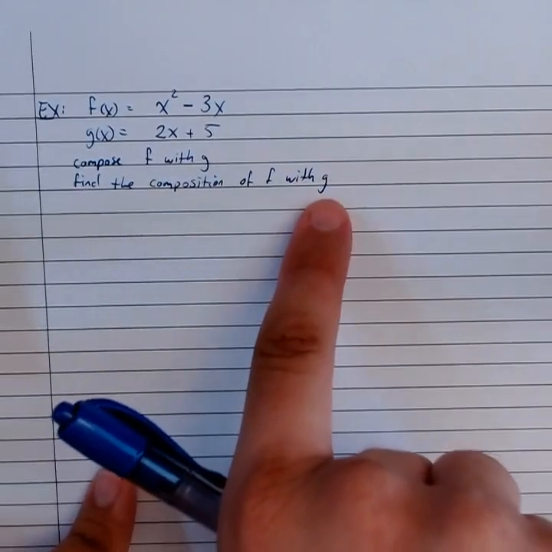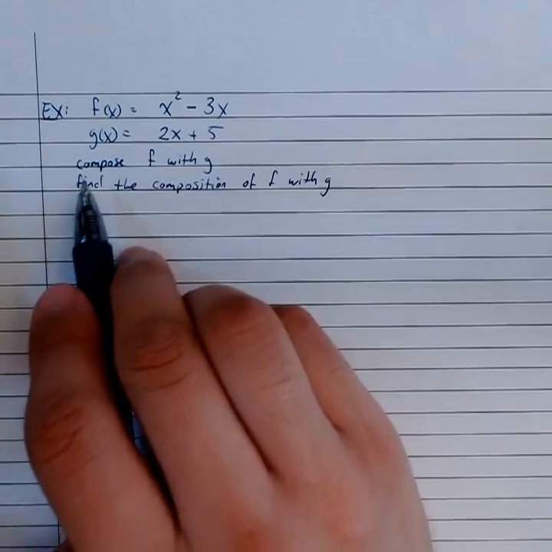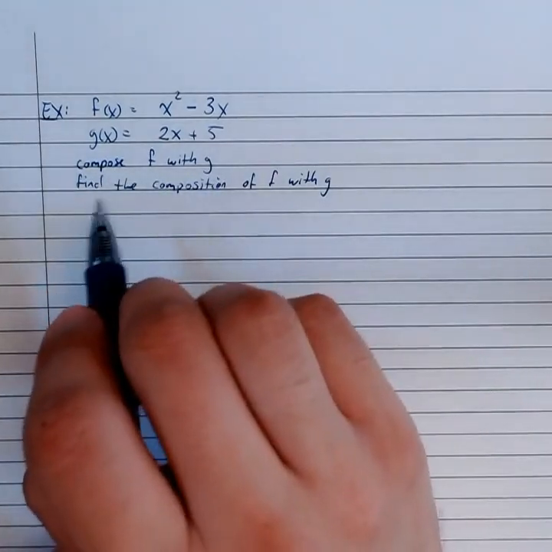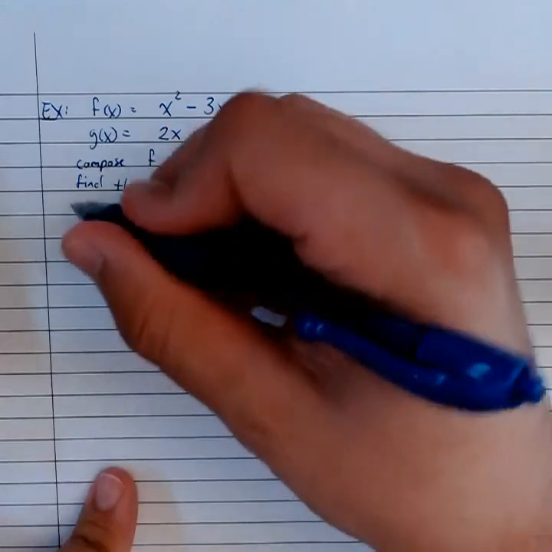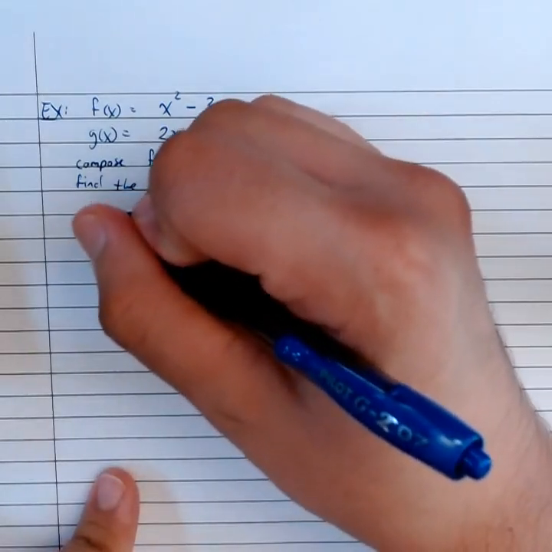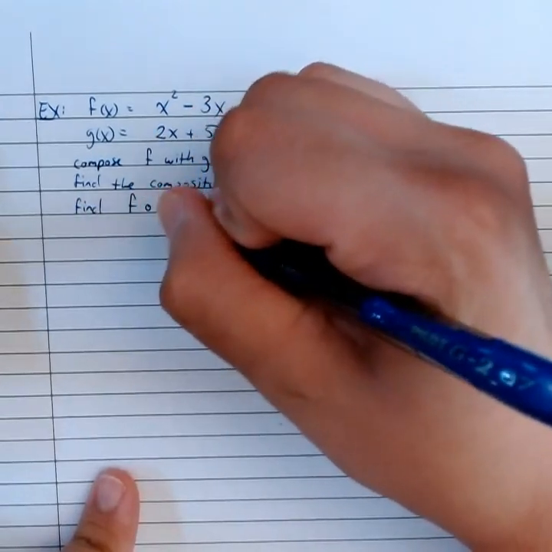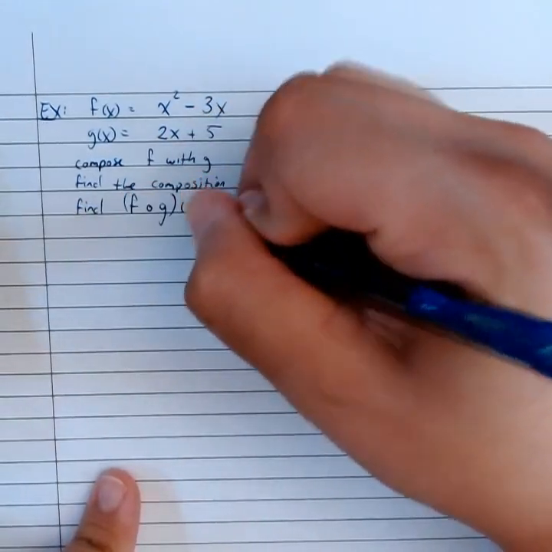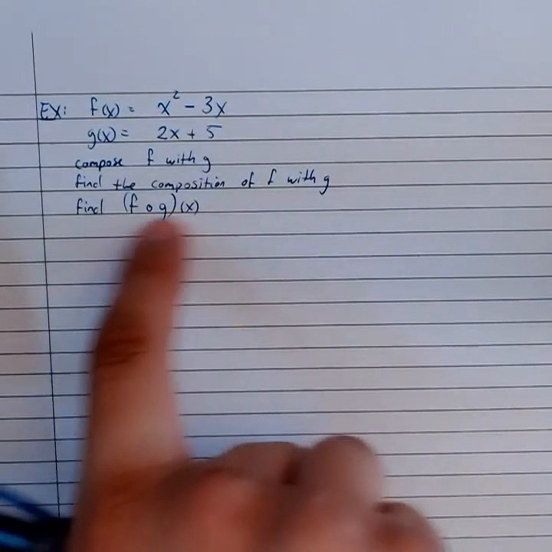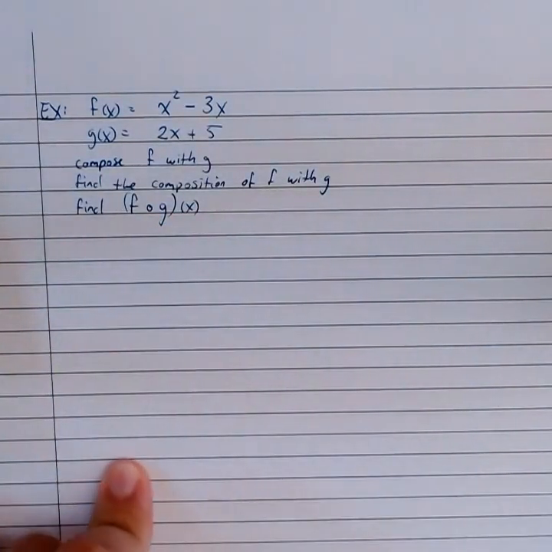Usually we use the notation that we've been given. So yeah, you can say compose f with g, find the composition of f with g, but more often you're going to say find f of g, and all three of these mean the same thing, this notation is often shorter.